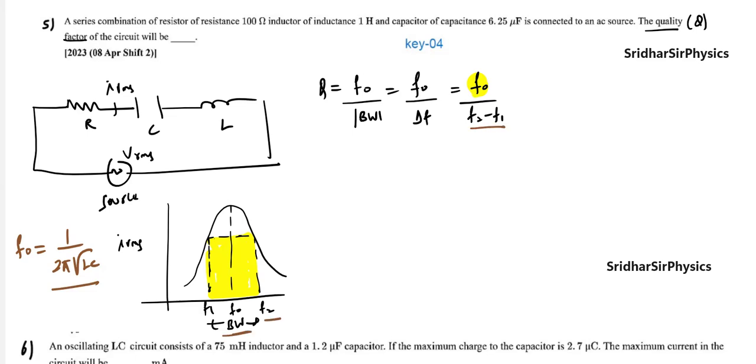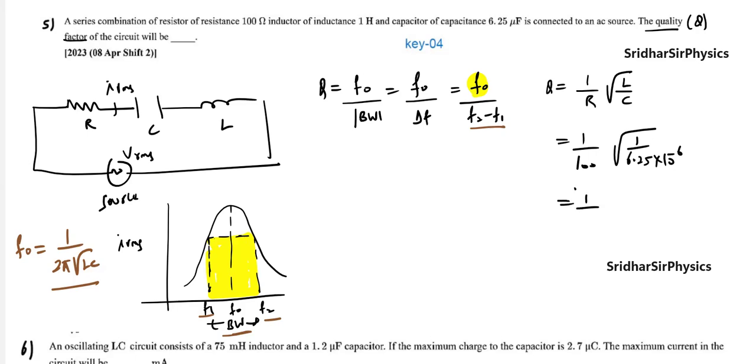This is called the upper cutoff and this is called the lower cutoff. For bandwidth we have another alternative formula. Quality factor is also defined as 1 by R root of L by C. There is a direct formula, so substitute the value of R as 100, inductance 1, capacitance 6.25 into 10 to the power of minus 6.